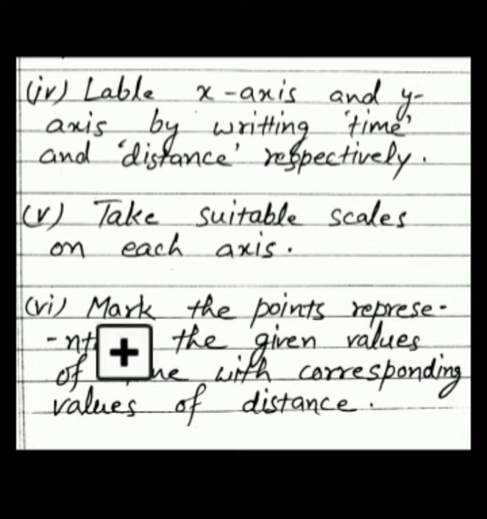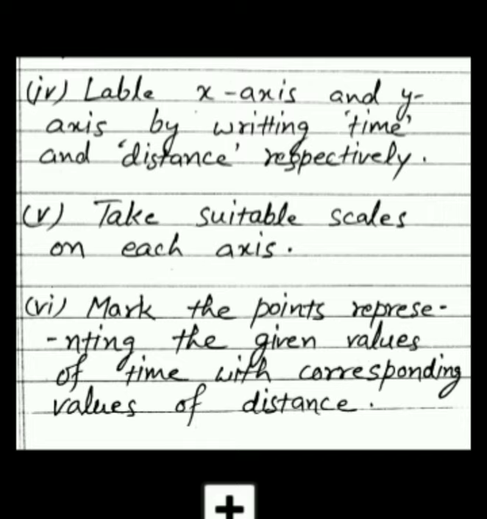Now mark the points representing the given values of time with corresponding values of distance. So students, you have to take different points which represent the corresponding time and distance one by one. That is, the first point will represent the first time and corresponding distance.